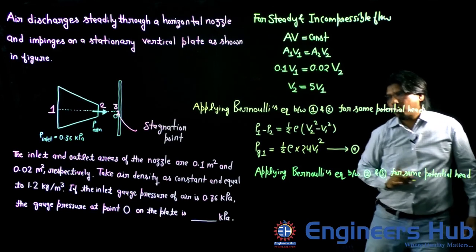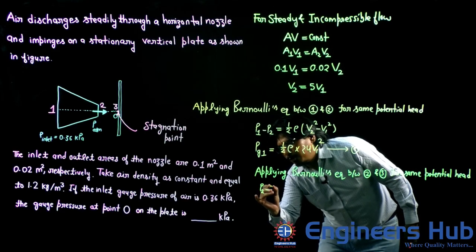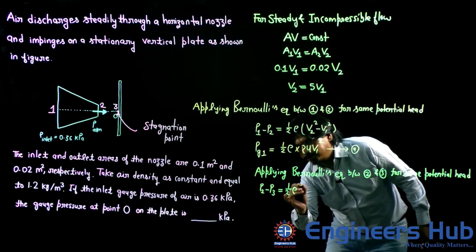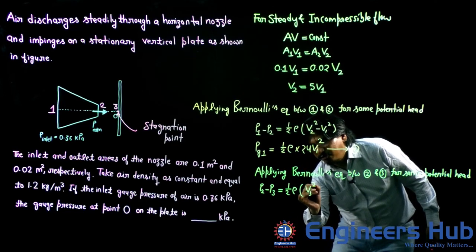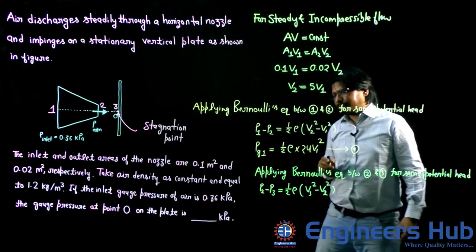So my friends, what are we going to get? Please observe. P2 minus P3 is equal to half rho (V3 square minus V2 square).